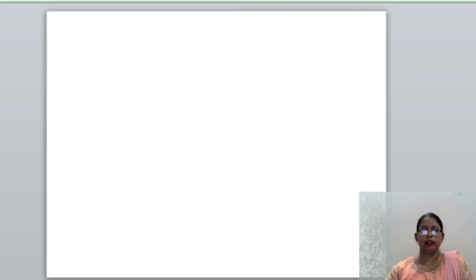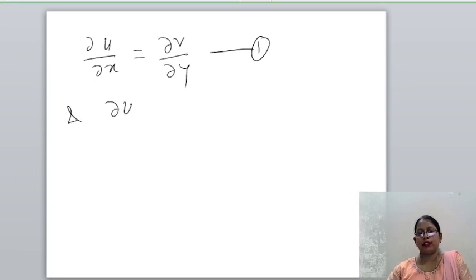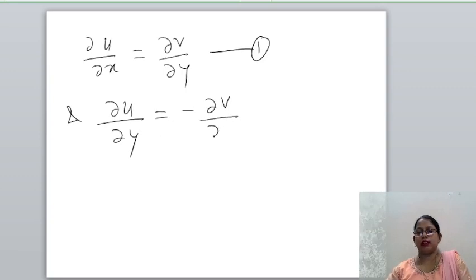That is, if u and v are the real and imaginary parts of an analytic function f(z), then it satisfies the Cauchy-Riemann equations. This is 1, and del u del y equal to minus del v del x. This is 2.